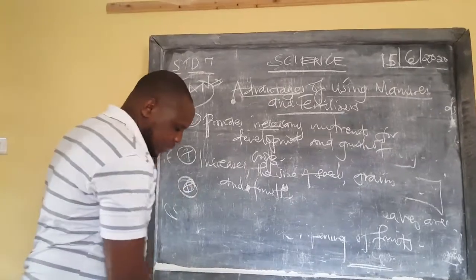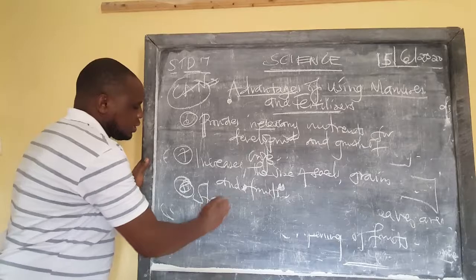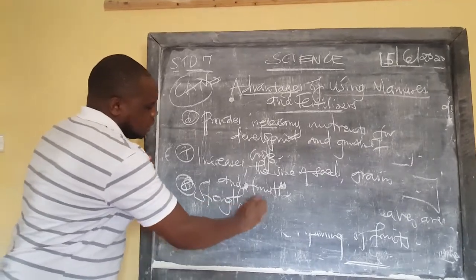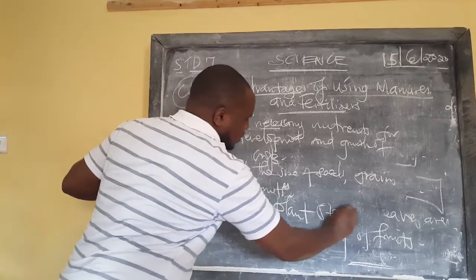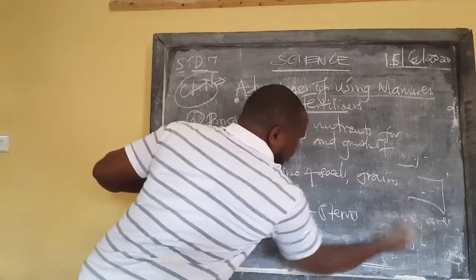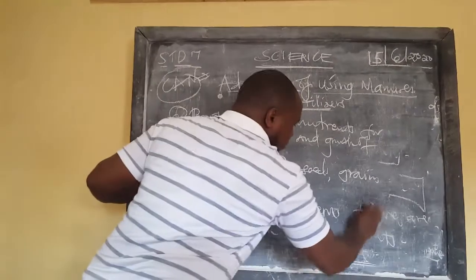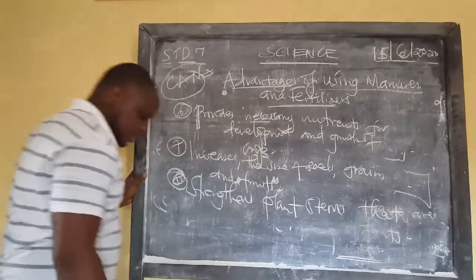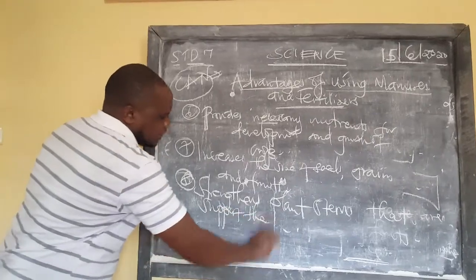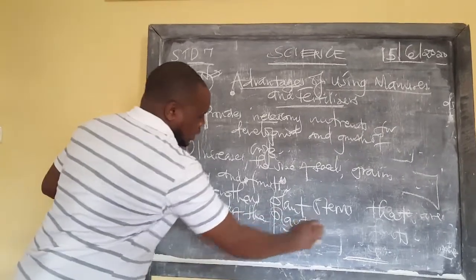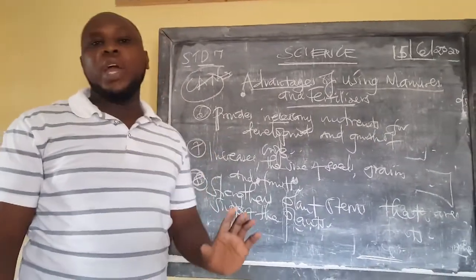Then point number 8, it strengthens the plant stems. Use of manures and fertilizers strengthens plant stems that support the plants. Have you ever seen a plant that has grown, but you look at its stem, it's very weak?